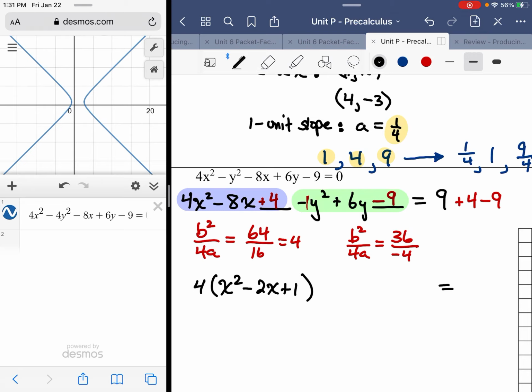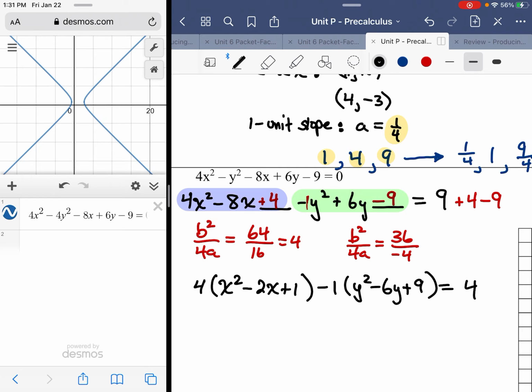All right, so factor out a negative 1, y squared minus 6y plus 9. Right hand side, we're looking at a 4. All right. Now we're looking at perfect square trinomials. Now let's say you didn't recognize that the GCF was a negative 1 for the y terms.